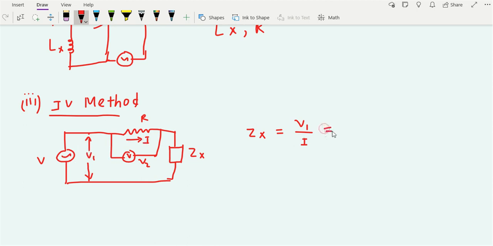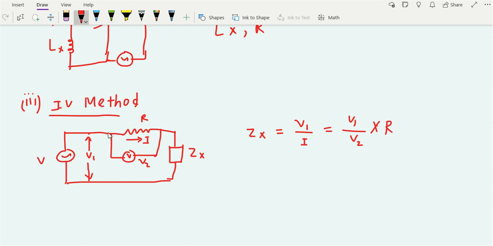If you replace I with V2 divided by R, it becomes V1 divided by V2 times R. You know V1, you know V2, and you know the known resistance R, so by calculating V1 divided by V2 times R, you can calculate ZX. This is a very simple measurement method, the IV measurement method.